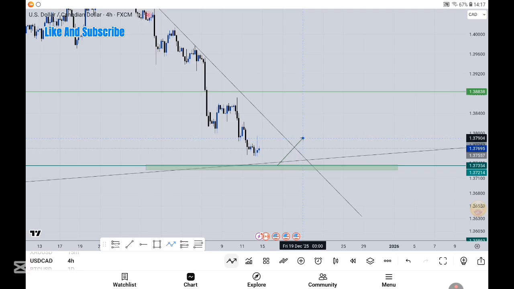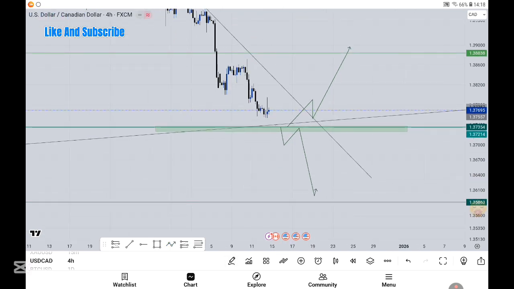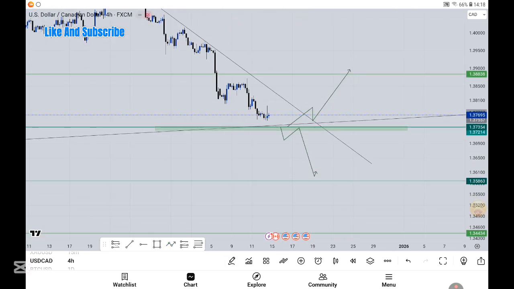So this is what I'm expecting, that either that happens or this happens. A break below it, a retest, continuation to the downside. That's just it. Let me draw this very well.